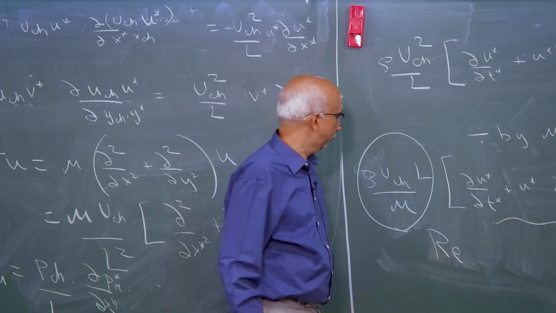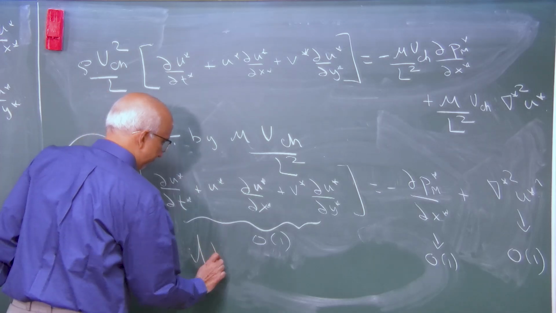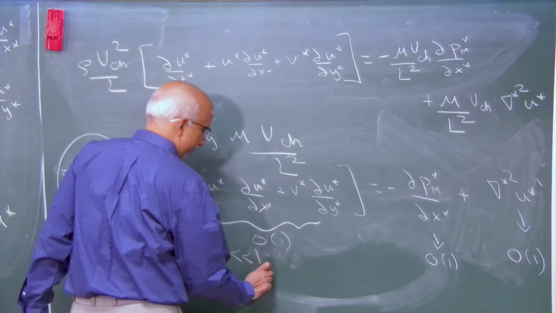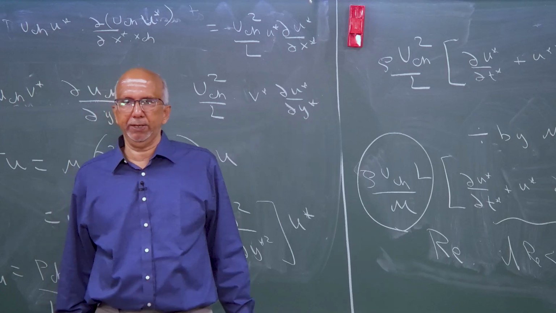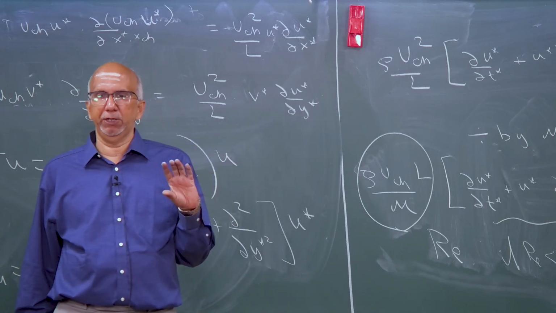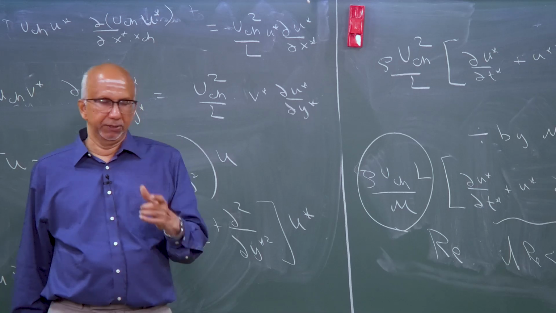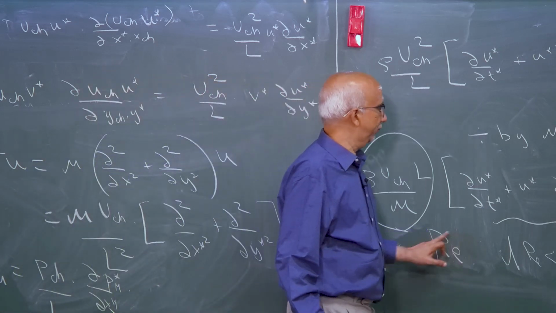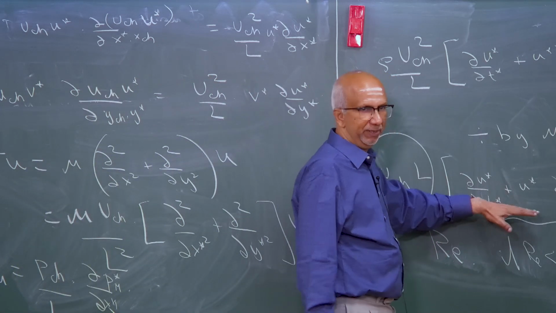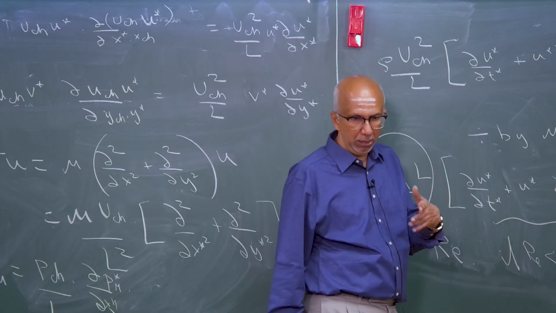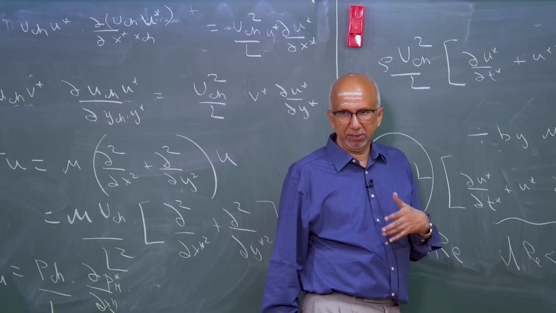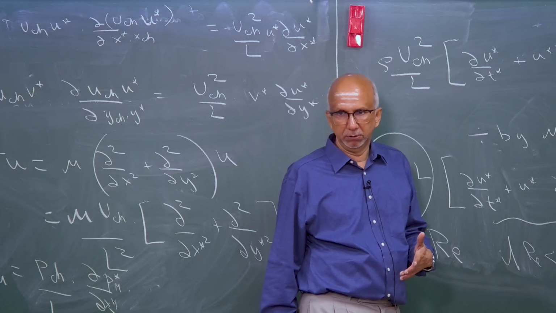So, if Re is very much less than 1, the LHS can be set to 0. Remember Re is the ratio of inertial forces to viscous forces. So, basically this means inertial terms are negligible. When I say Re is low, that means the inertial forces are negligible.